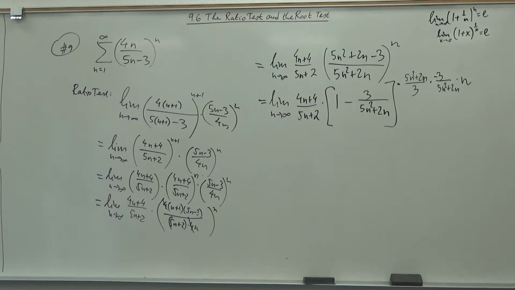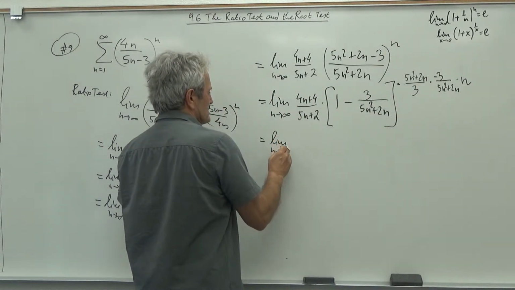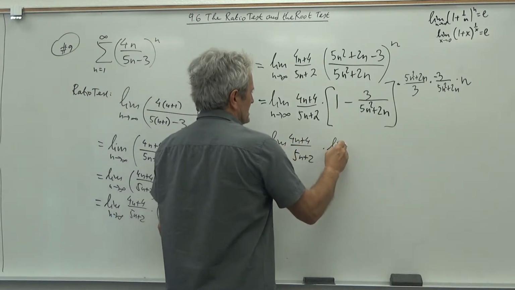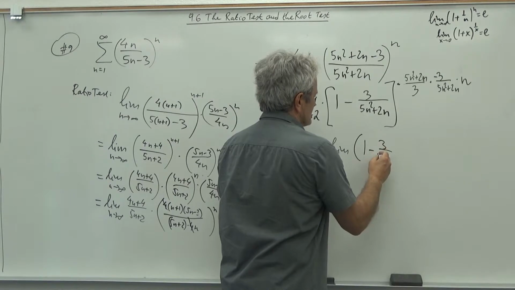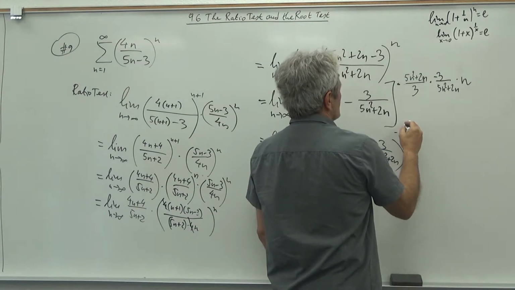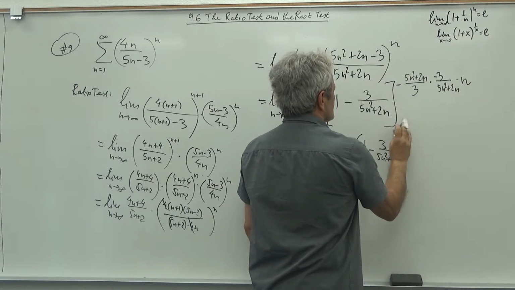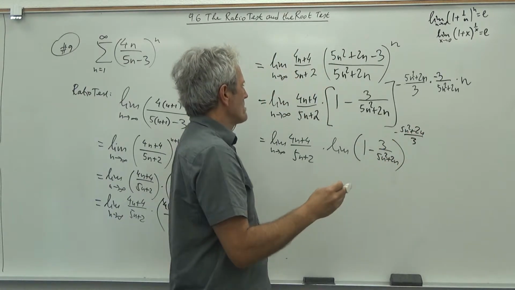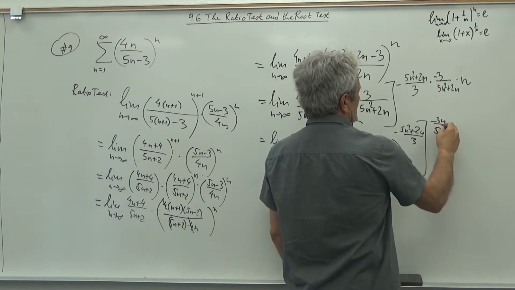So now I start seeing that this limit will exist. So then I'll start splitting the limit. When n goes to infinity, (4n plus 4) over (5n plus 2) times the limit of (1 minus 3 over (5n squared plus 2n)) to the power of minus (5n squared plus 2n) over 3, and all that raised to the power minus 3n over (5n squared plus 2n).